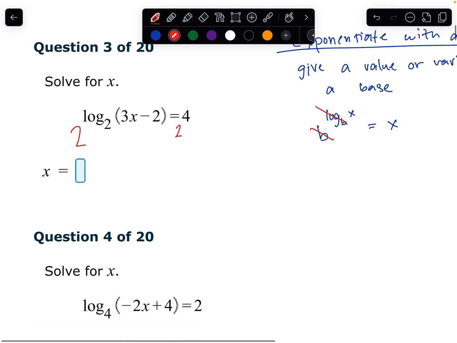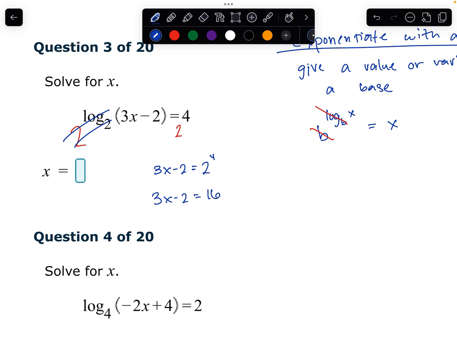The exponential with a base of 2 and a log base 2 are going to cancel out, leaving me with 3x minus 2, and on the right side with 2 to the 4th. Okay, and then we'll have 3x minus 2 equal to 16.